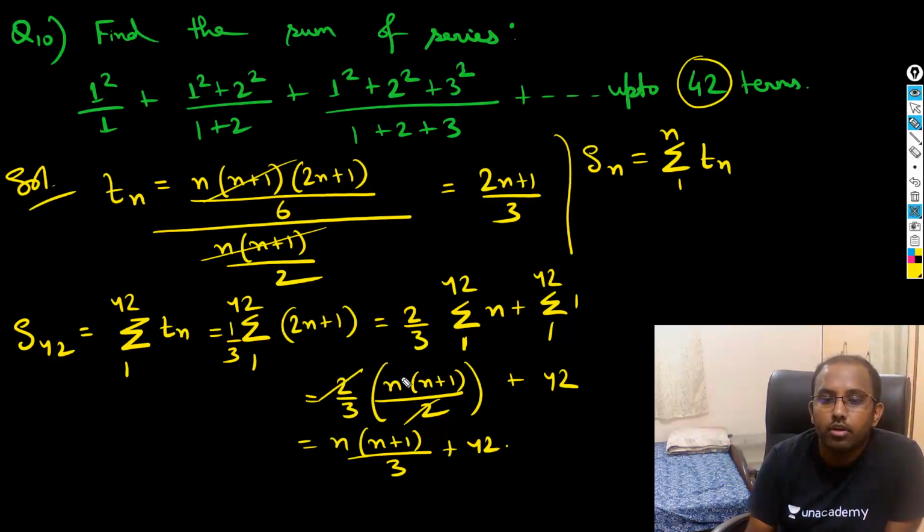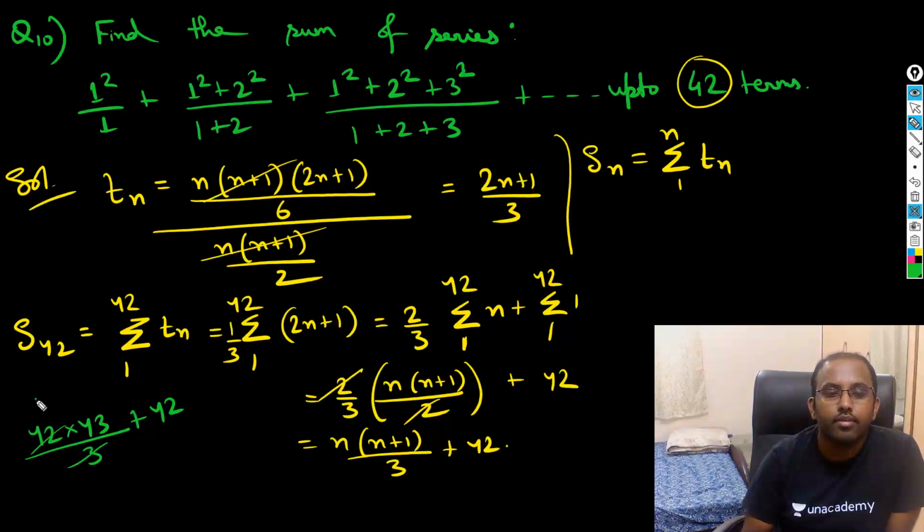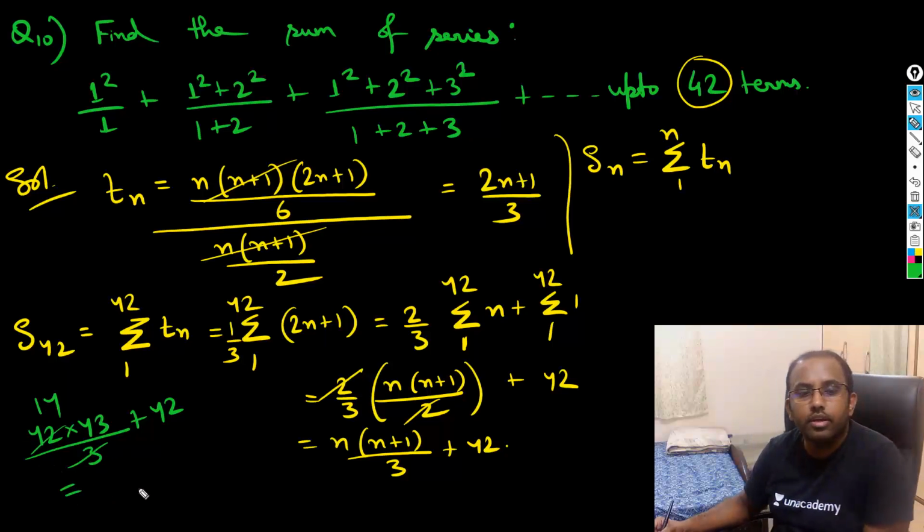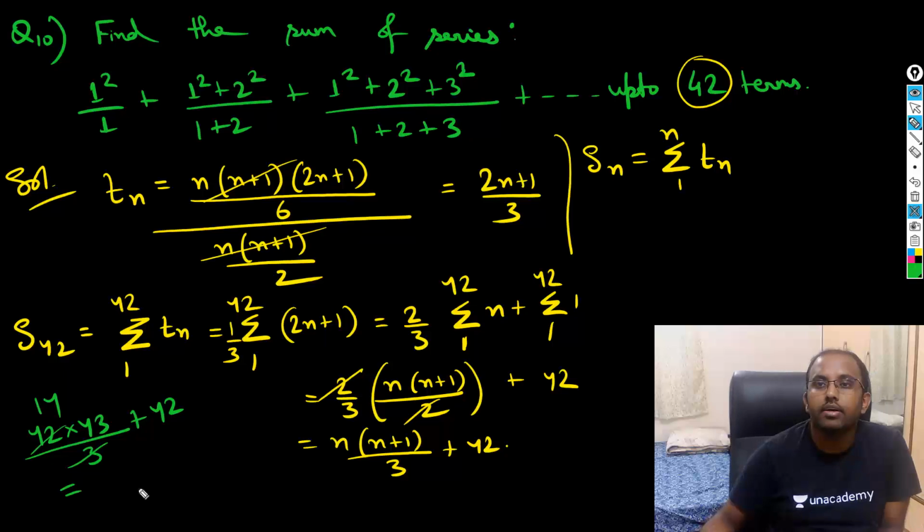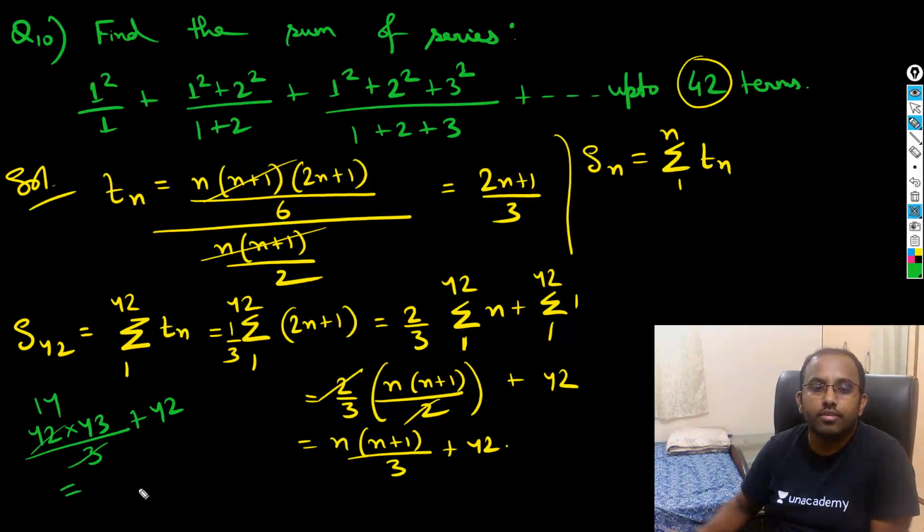So I'll get 42 into 43 divided by 3 plus 42. This will get cancelled, 14. So 14 into 43, that is 560, and 42 more, 602.